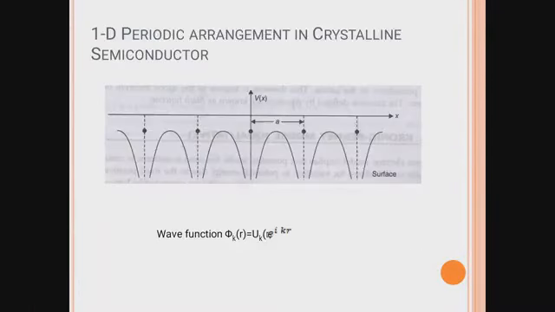Now this is the periodic arrangement in a crystalline semiconductor. All of these are the atoms represented over here. These black circles represent the structure of the atom, and these are the potential variations with respect to each atom, the periodic potential energy.